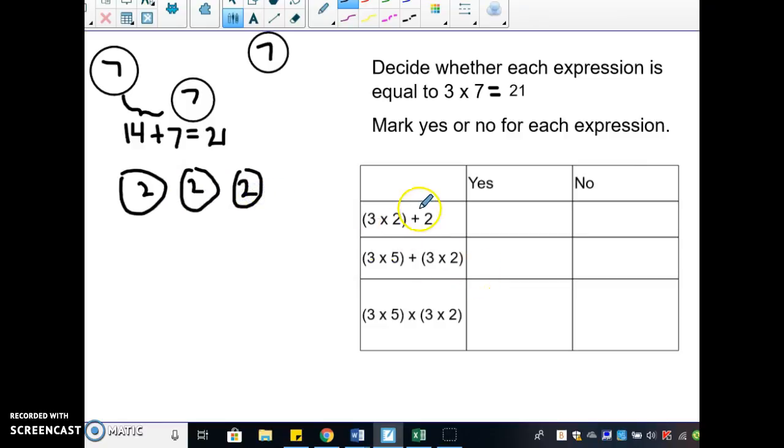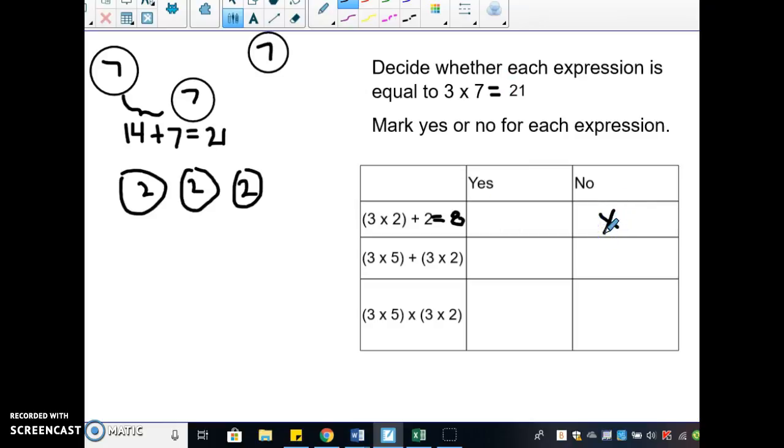So 3 times 2 is 6, plus 2 is 8. So I'm just going to write equals 8 so I don't forget. And is that a yes or a no? Well, definitely a no, because 21 is not the same as 8, so I'm going to mark it no.